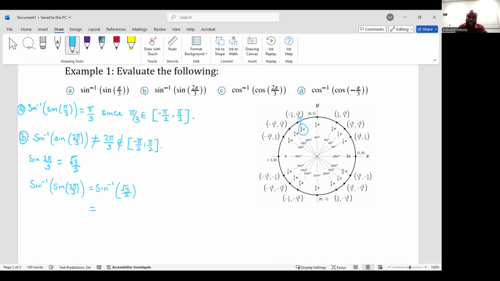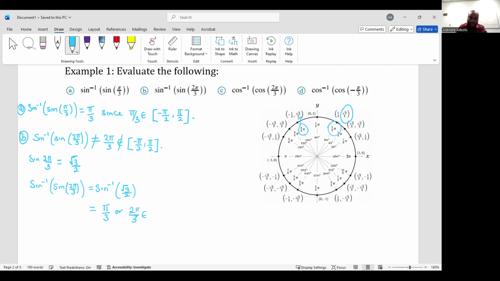And like we did the other time, sine inverse of root 3 over 2. That is, we are looking for that angle such that the sine of that angle is root 3 over 2. There is one here, which is pi over 3, or 2 pi over 3.